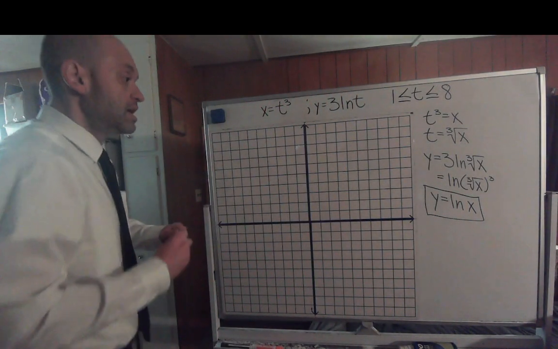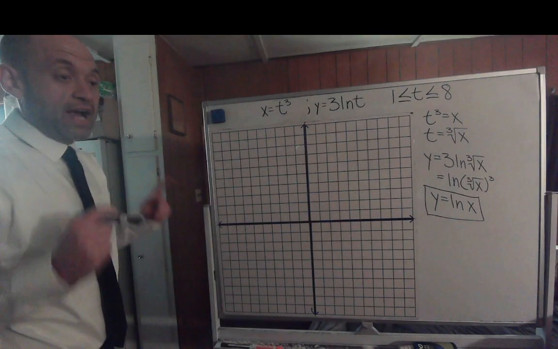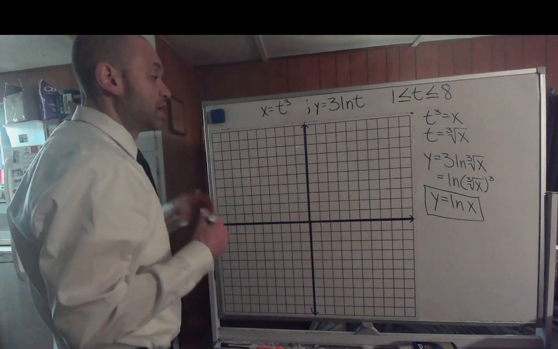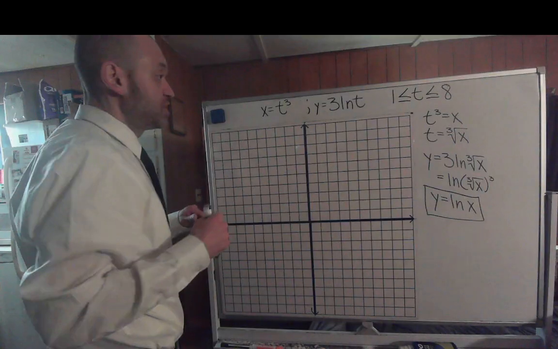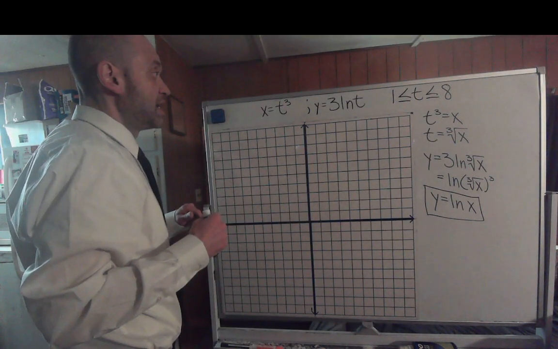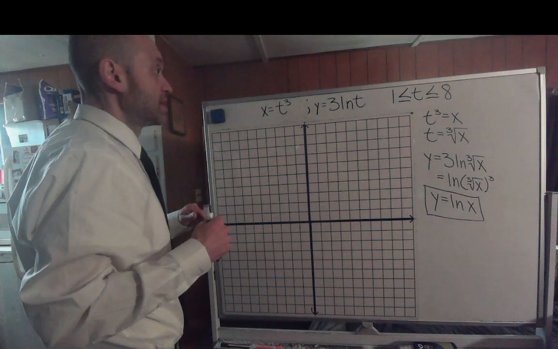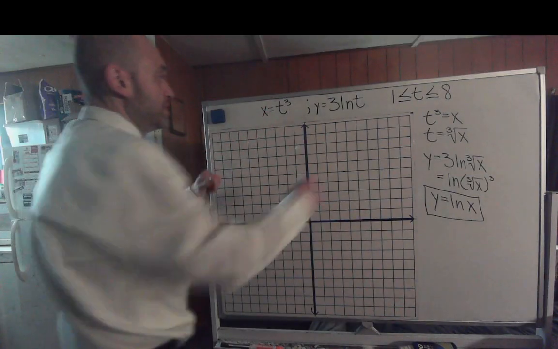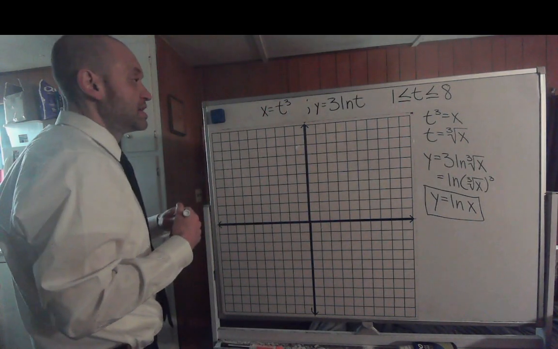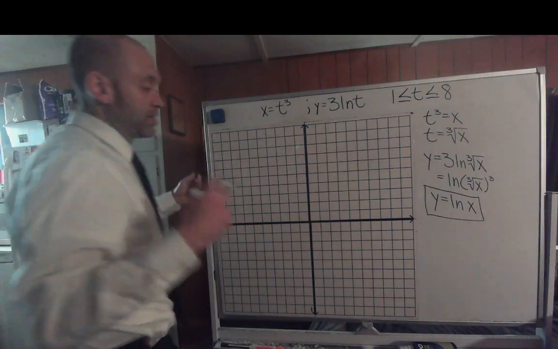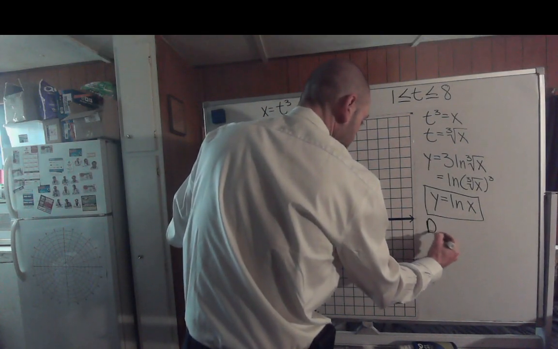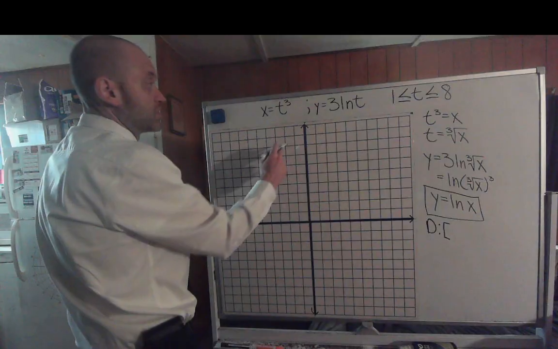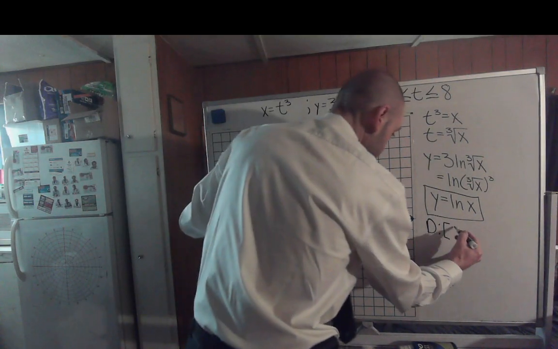Okay. Now we have to figure out our actual domain for this rectangular equation. So, of course, we need to stick in the endpoints of the domain of t to get the x value, which would be the domain. If I pick 1 for t, that would give me an x value of 1.